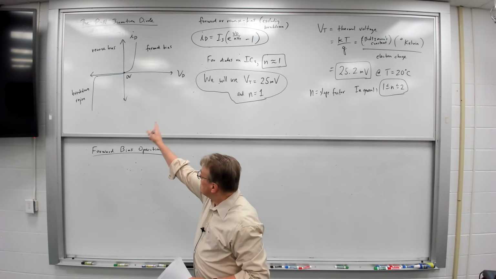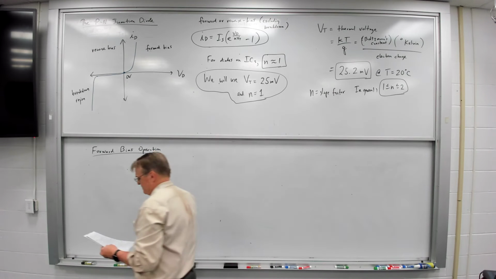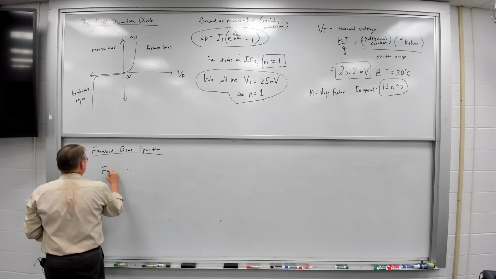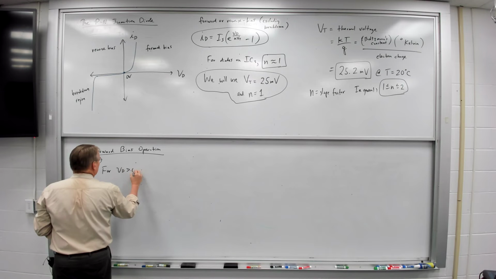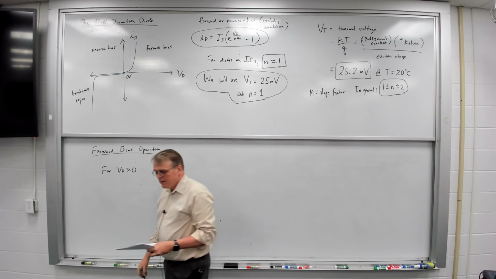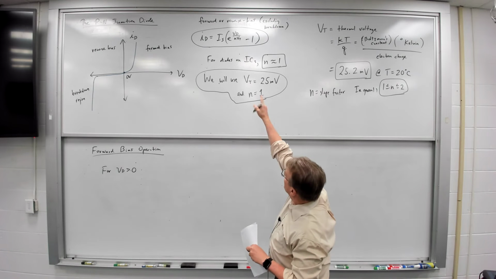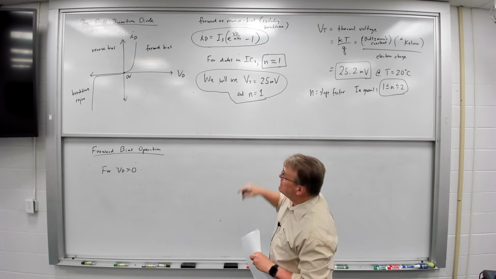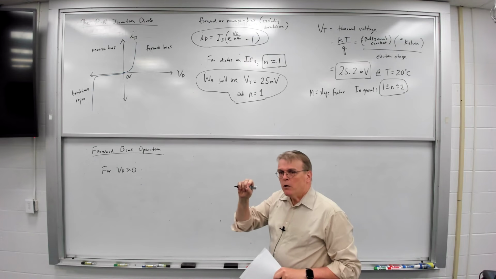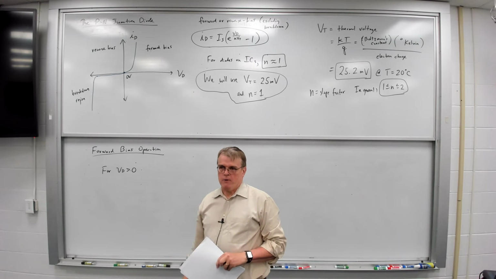As Vd becomes positive, we note that e to the Vd over nVt very quickly becomes a large number.